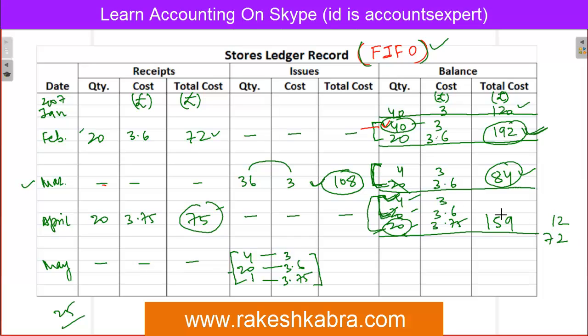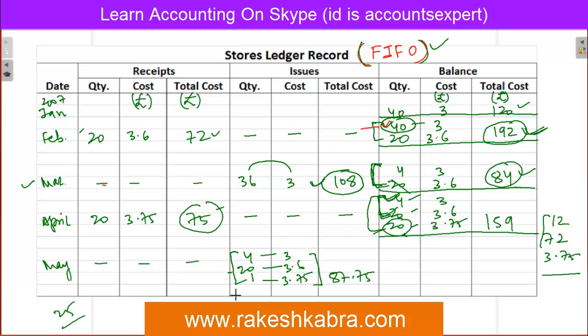Then 1 multiplied by 3.75, the value will come 3.75. Now what is the value of total issue? Make the total of all these values: 12 plus 72 plus 3.75, so the value of issue is 87.75. Got it?